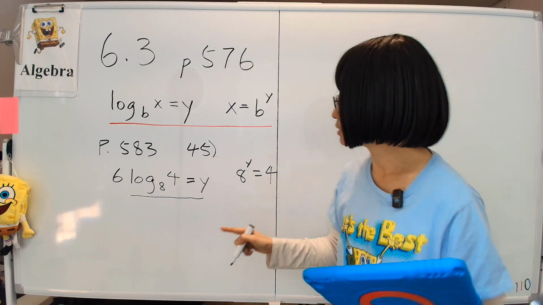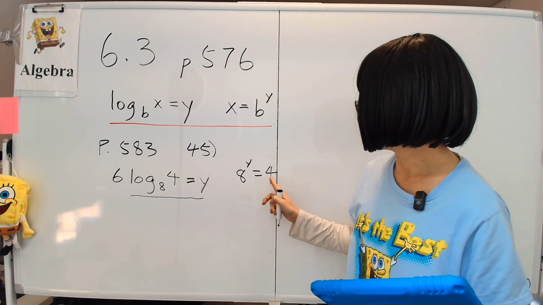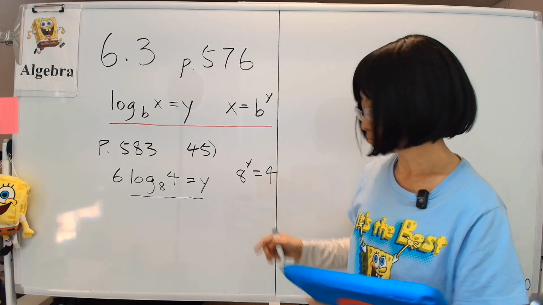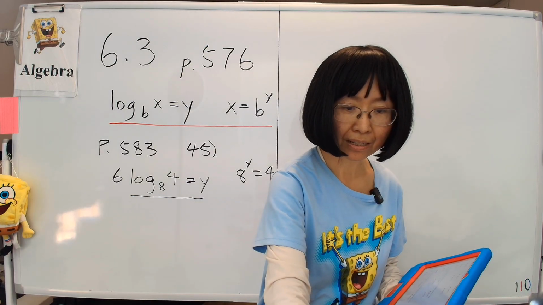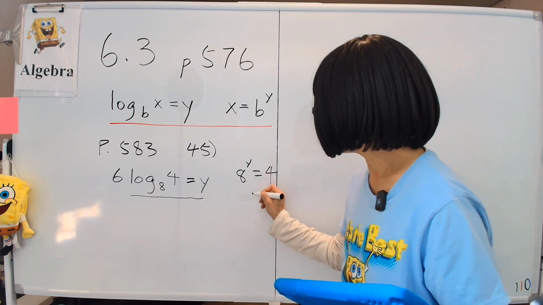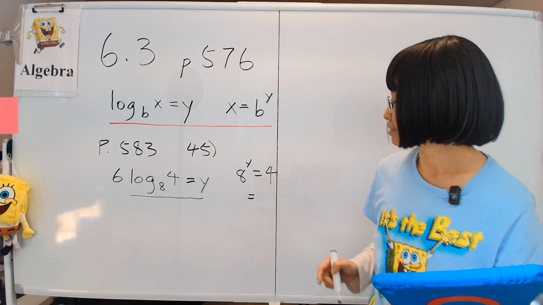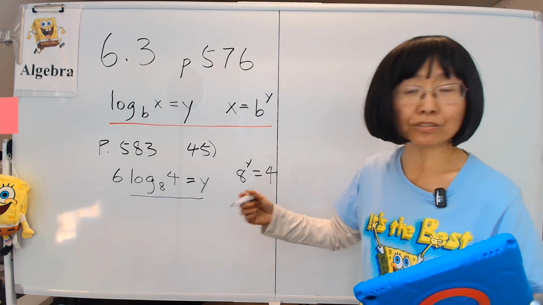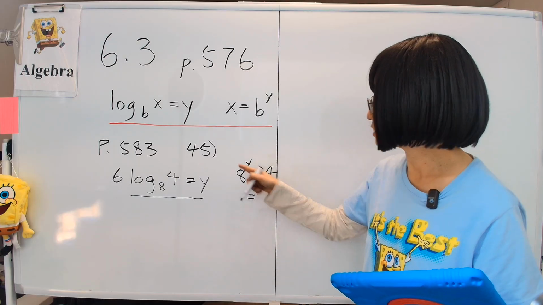So in other words, we need to figure out what y is. We need to ask ourselves the question: 8 to what power is 4? There's no direct answer, so we'll do some tricks from chapter 1, concerning exponents.